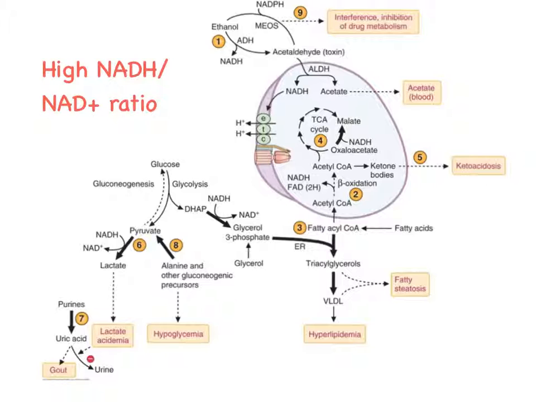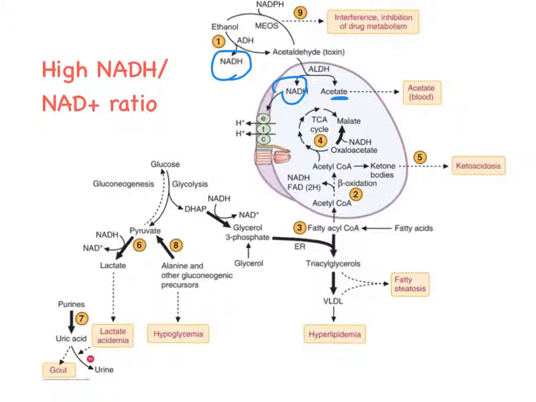The other situation where we see the development of ketoacidosis is with ethanol consumption. In this case, recall that with our metabolism of ethanol, we are producing NADH as well. So you can see 2 molecules there of NADH, and the end product here is acetate.